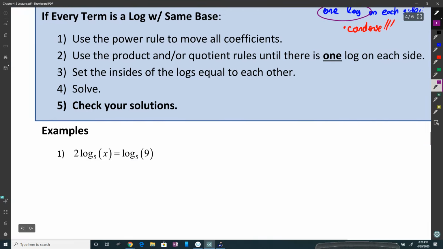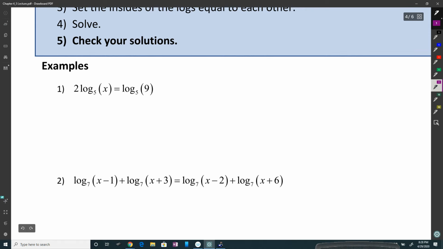So let's look at this first problem. 2 log base 5 of x equals log base 5 of 9. So looking at this, notice that it is not in the right form. Here's my log. Here's my log. But there's the 2 here that's messing me up. So what I need to do is condense.